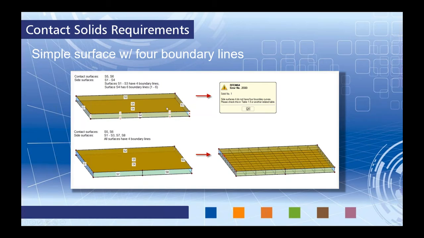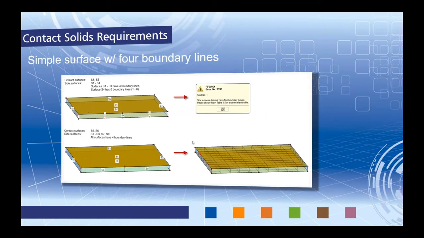If I tried to solve this within RFEM, I would get an error saying side surfaces 4 do not have 4 boundary curves. And that's simply because we need to make some adjustments. We either need to convert lines 2 and 3 into one continuous line, or we can split this contact solid into 2 adjacent contact solids. Either way, it's still going to act like one continuous contact solid, or if we just simply want to combine those lines. So you have to have 4 and only 4 boundary lines to define a contact solid.